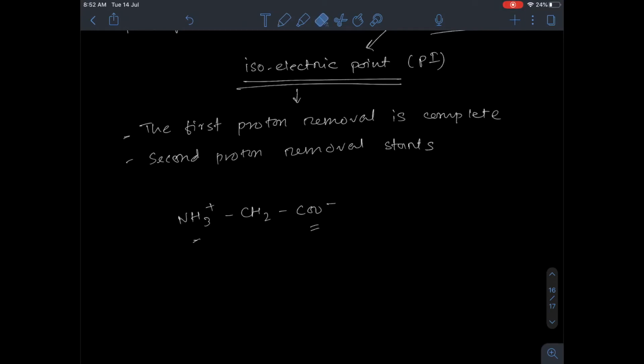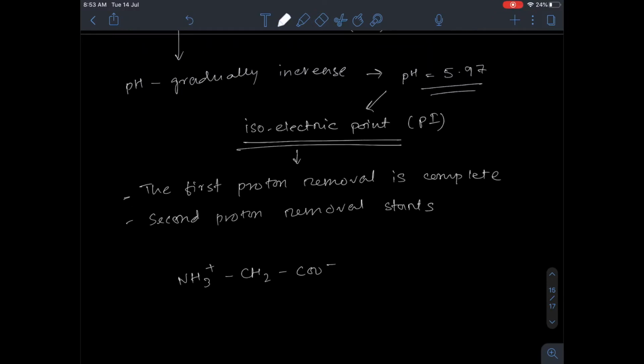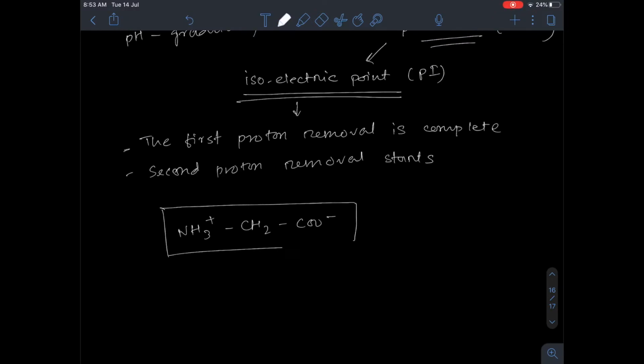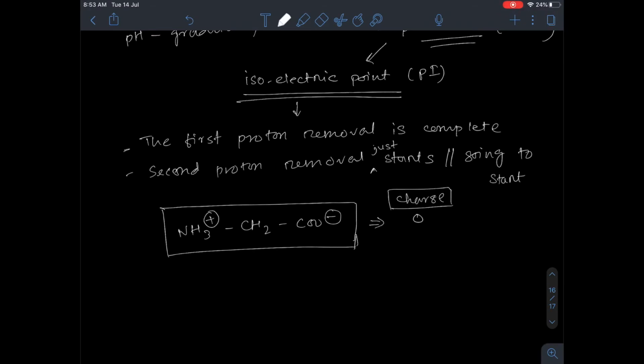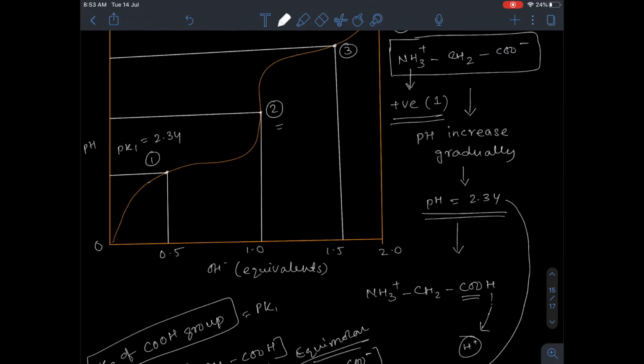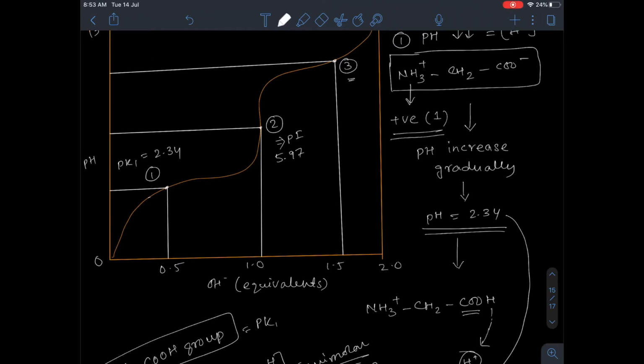So there is one positive charge and one negative charge, so the total charge will be 0. This is the most stable point. So this is pI and that is 5.97.